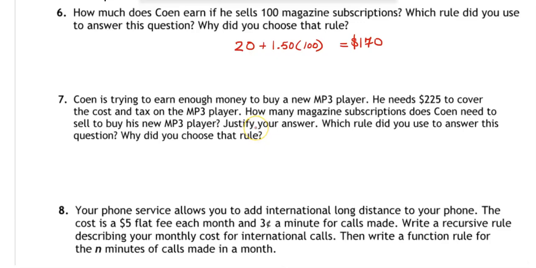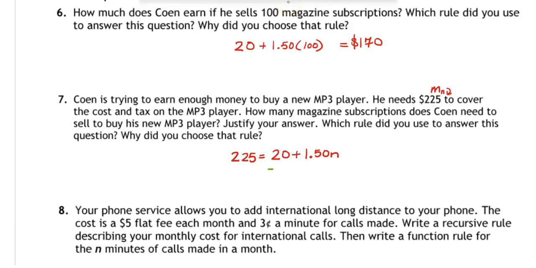So I could say 225 is that M sub n. This is M sub n in my equation, and then I just have that 20 plus $1.50 times n. Now I can solve for n because n is the number of subscriptions. So I took an equation and got rid of my variables to give me just that one variable that I still need to solve for.